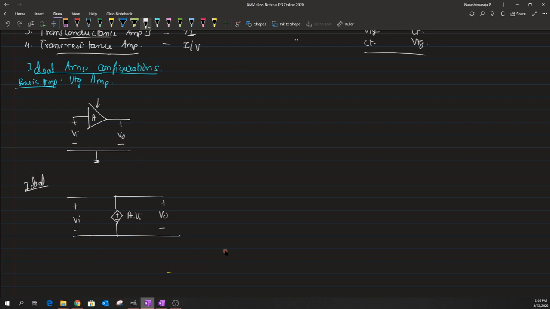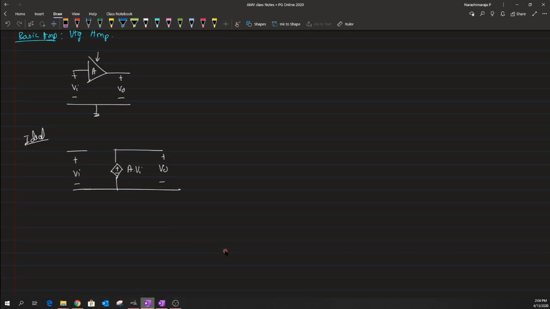In case there is a non-ideality, then we will end up adding some sort of resistance at the input as well as the output. Let me quickly put that, but today's focus will be on dealing with this ideal structure. In the coming classes we will try to incorporate all these non-idealities, and then later we'll discuss it. So in case we want a non-ideal condition across this structure, then there will be a resistance Ri.